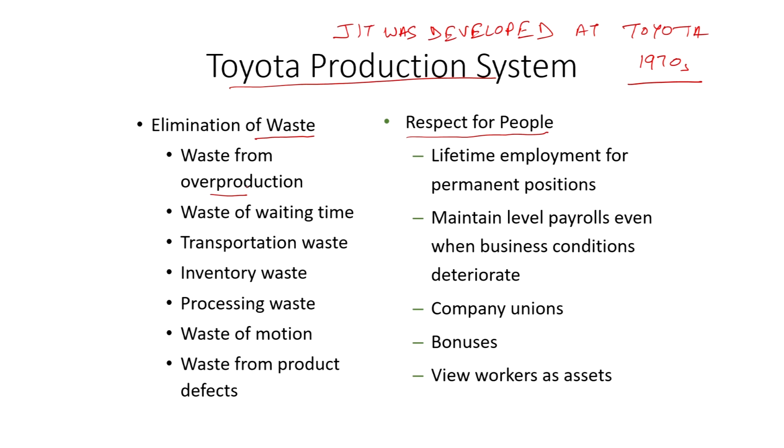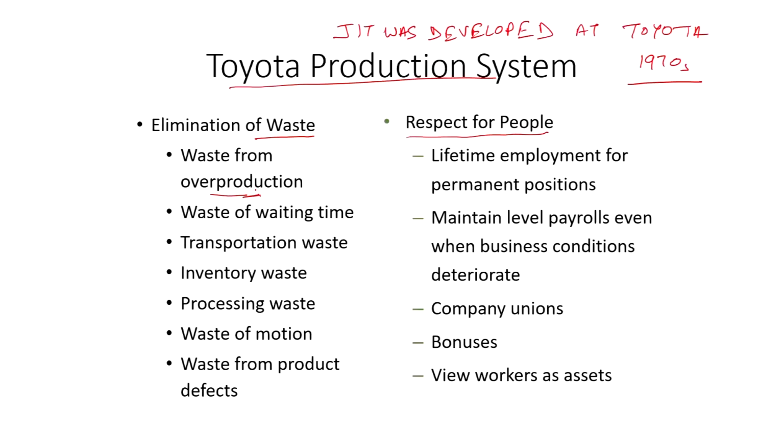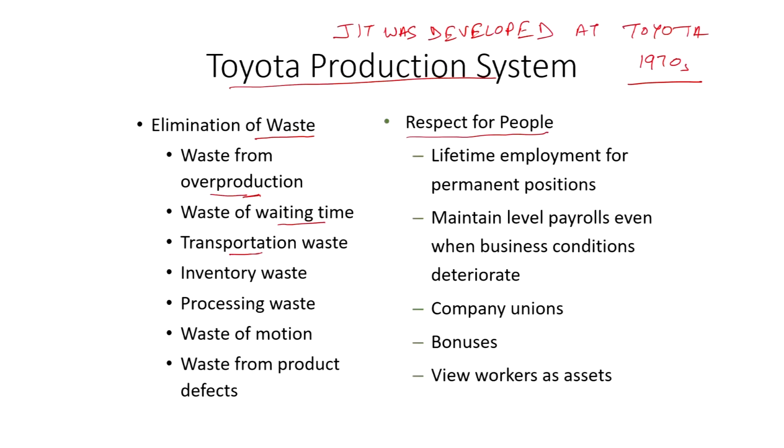So, overproduction is a waste in their system, whereas in our traditional system, when we say efficiency, machine utilization etc., we say as much as possible we should produce, but they say that you produce just in time to be sold, you should produce only when it is required by the customer. Then it is a waste of waiting time. If there is any waiting time in the system, if the material is waiting or the person is waiting or the equipment is idle, that is also a waste. Then the transportation, any transportation, multiple material handling is a waste.